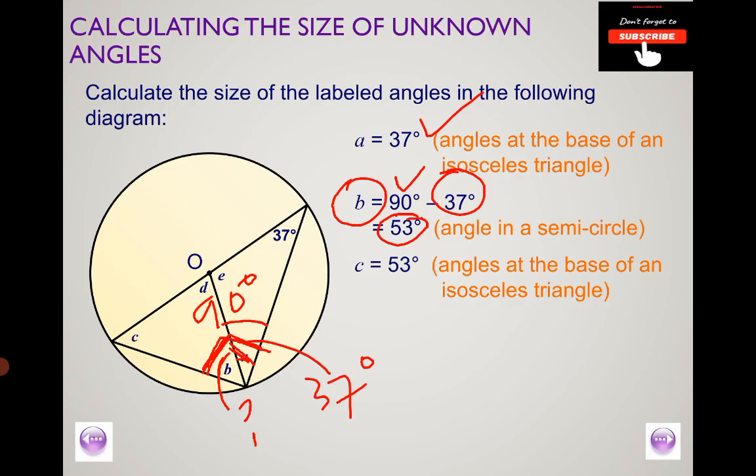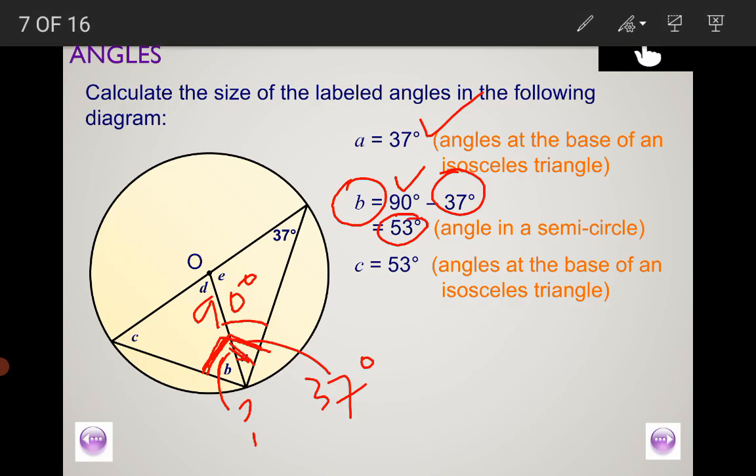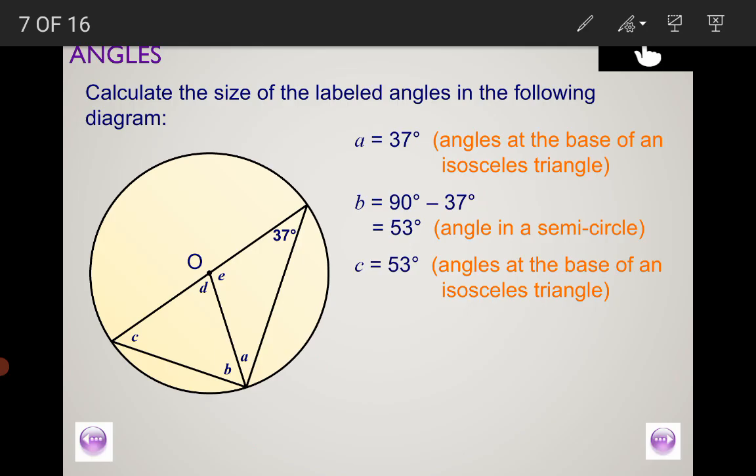All right, now let's look at angle C. If you look at the diagram once again, let me clear this part. If you look at this angle here and this angle here, they are also base angles of this triangle. Remember that the sides of this triangle are equal. They are radii, and radii are equal in magnitude. That means the base angles of that triangle are equal.